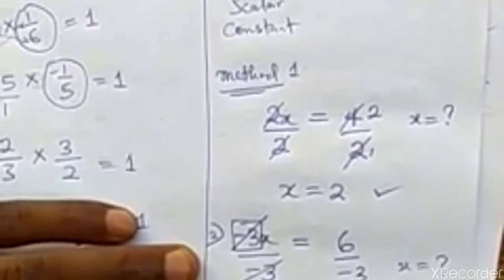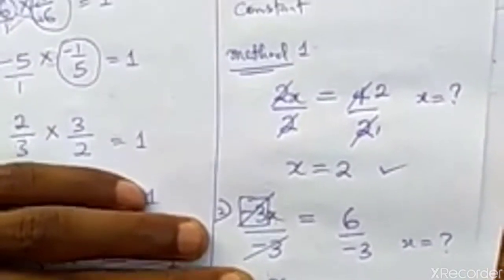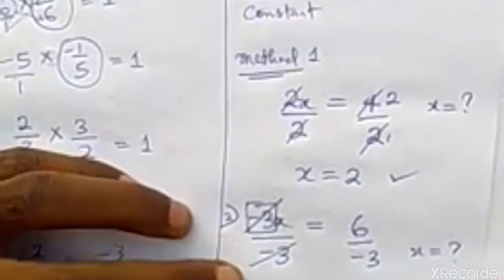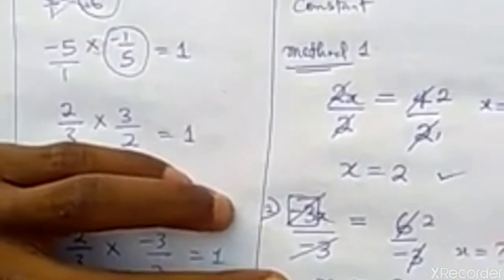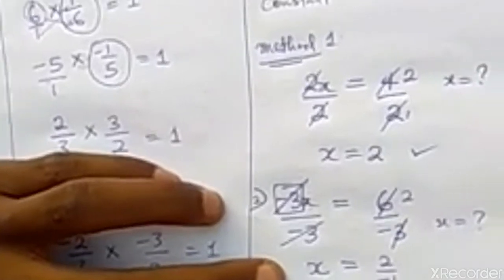So negative 3 cancels negative 3 to become 1. X standing alone means 1x, which is x. And we have 3 cancelling 6 to give us 2 over minus 1. In the case where minus is at the denominator, you bring it up to the numerator.